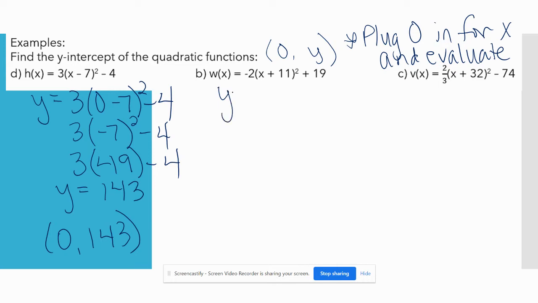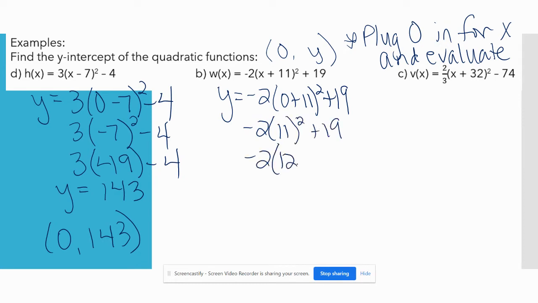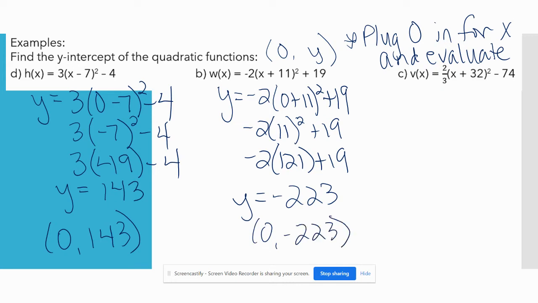Letter B. y is equal to negative 2 times 0 plus 11 squared plus 19. We have negative 2 times 11 squared plus 19. 11 squared is 121. And so negative 2 times 121 plus 19 is negative 223. 0, negative 223 then is our y-intercept.